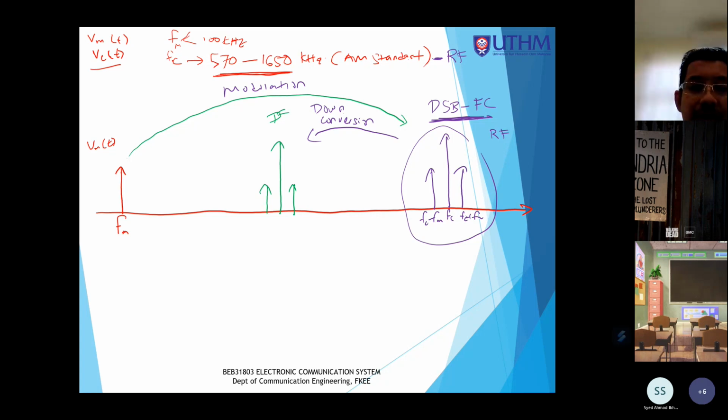The center here is F_IF. The upper part is the upper sideband, usually called F_IF USF, upper side frequency. And the lower part is F_IF LSF, lower side frequency. So, the upper frequency and the lower frequency.